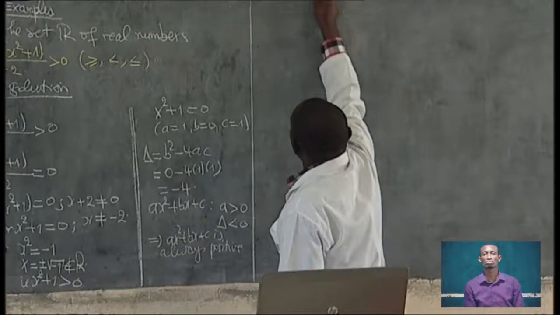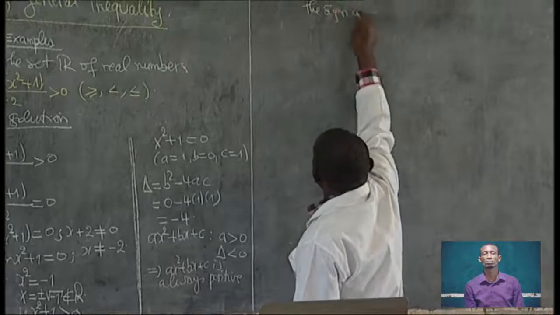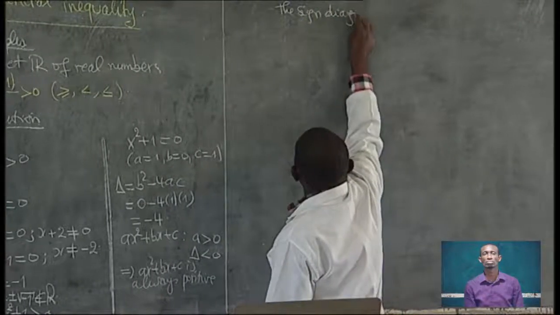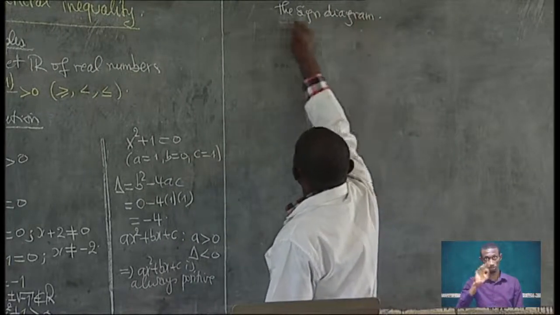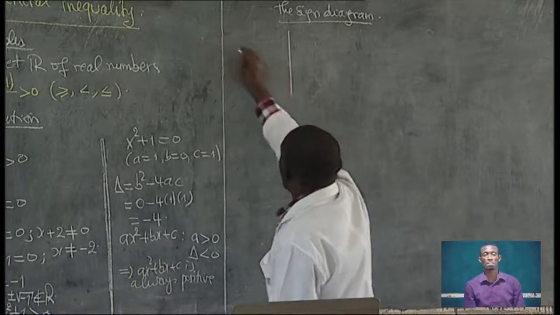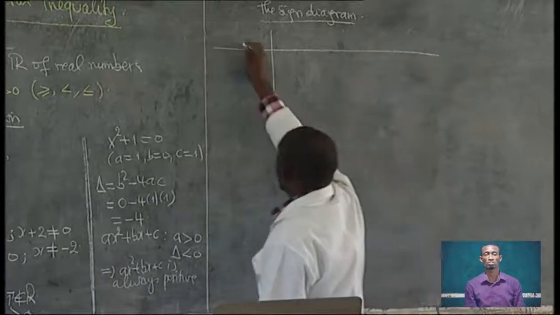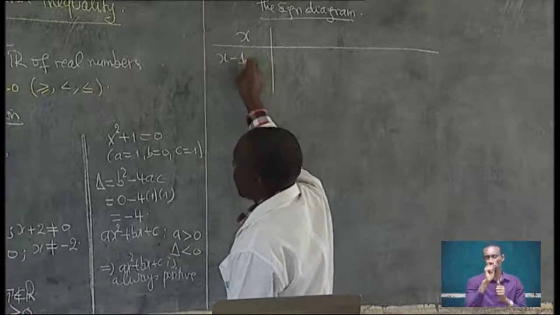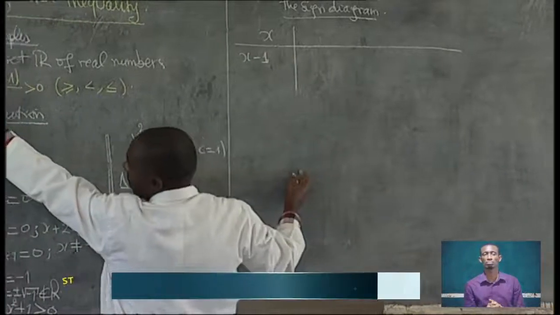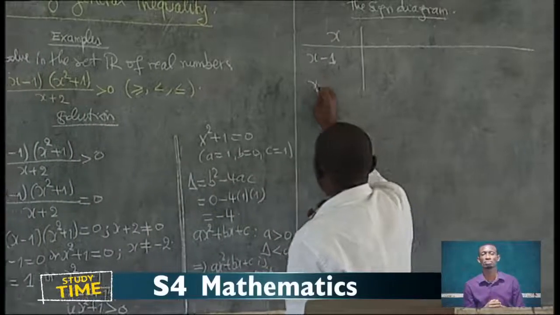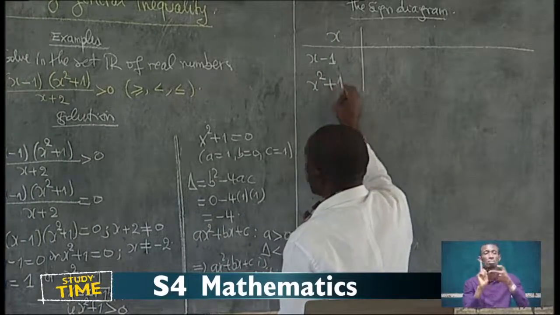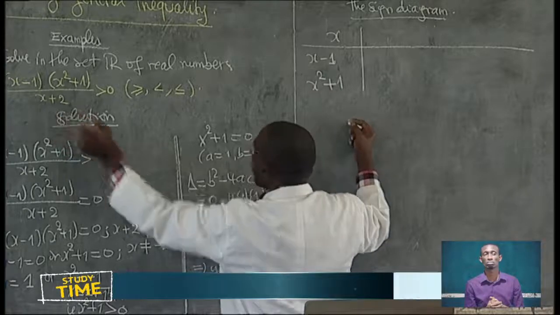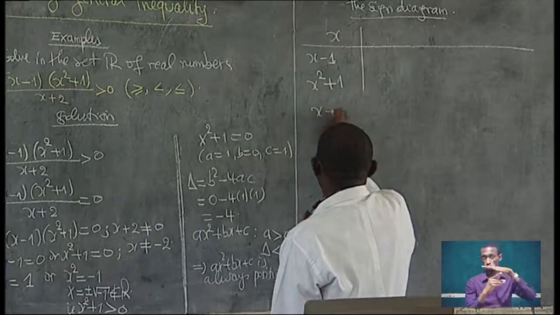So we are going to make our sign diagram. We work on a number line. The variable is x. We have the factor x minus 1, also x squared plus 1, and my denominator, x plus 2.